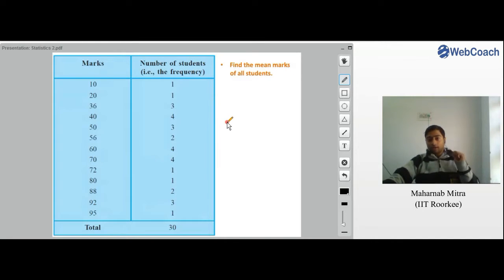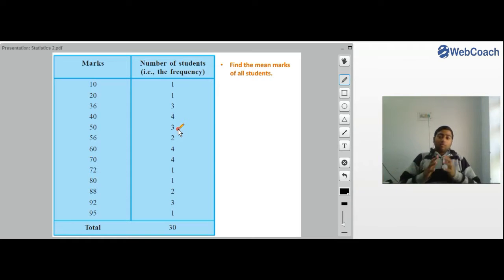But if we have a huge set of data with variable frequencies, you can see here in this data 10 appears with a frequency 1, 20 with a frequency 1, 36 with a frequency 3, 40 with a frequency 4, and so on, right? For this data, if we want to find the mean marks or the average marks, it is not going to be so easy, right? We cannot just write the sum of all observations, and it will be a huge thing.